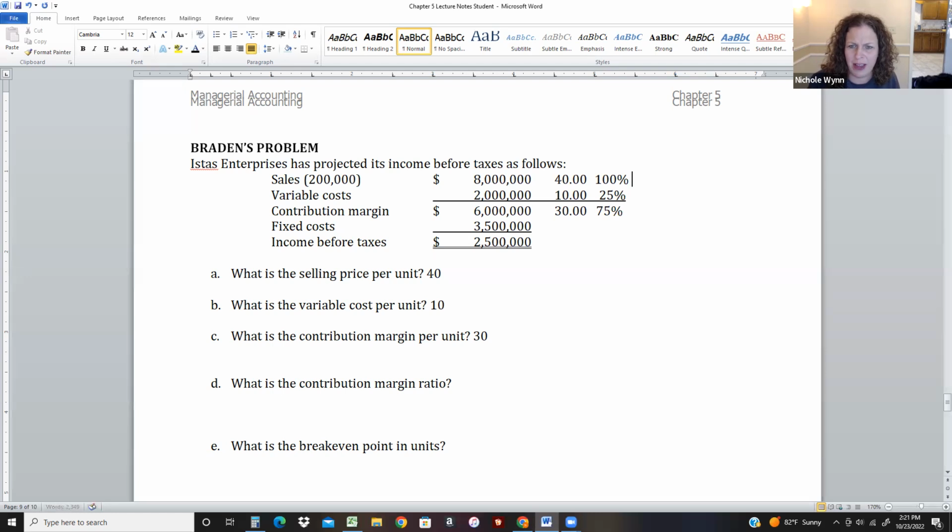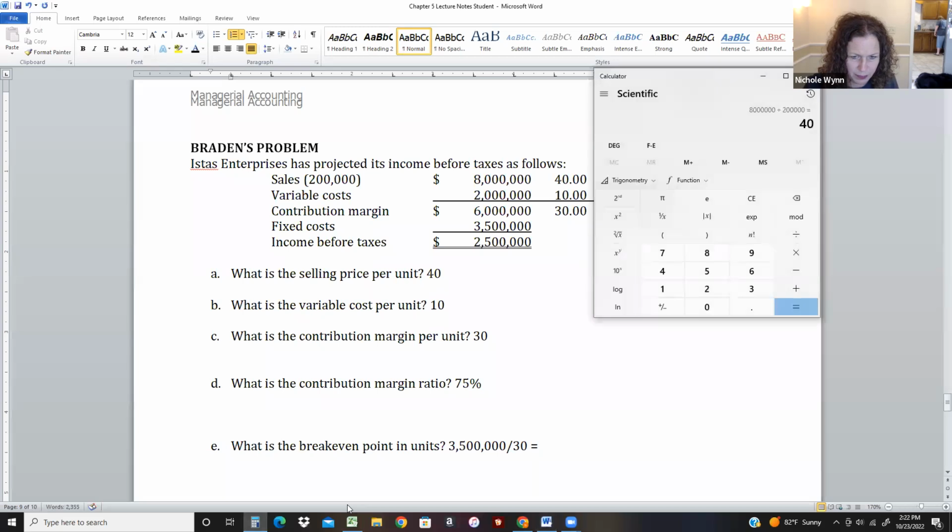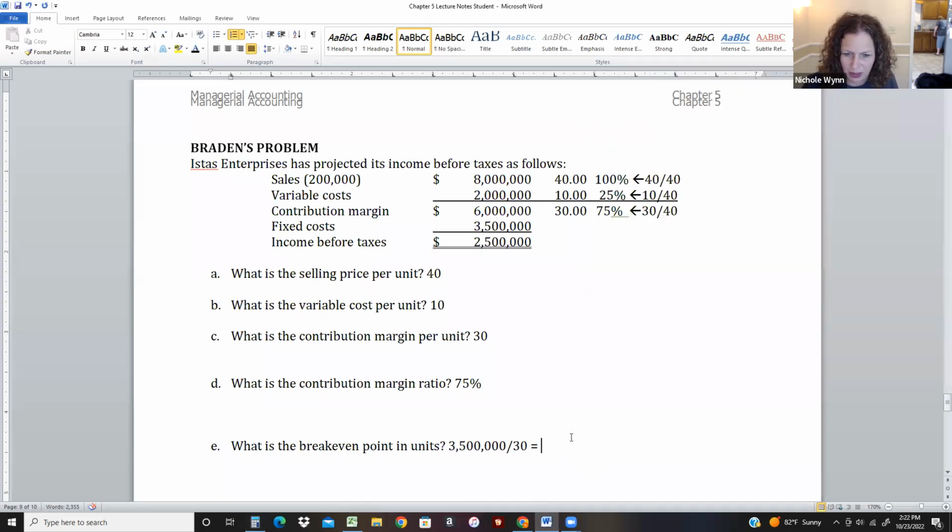So again, the way I did that was 40 over 40, 10 over 40. I don't know why I always do all three, but I do. 30 over 40. Okay. So my contribution margin ratio is 75%. Break even in units would be fixed cost of 3,500,000 divided by CMPU of 30. $116,667.